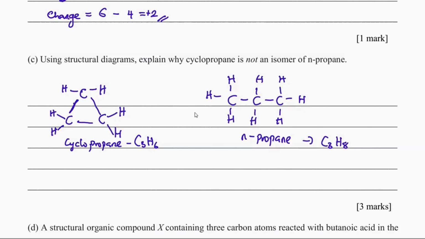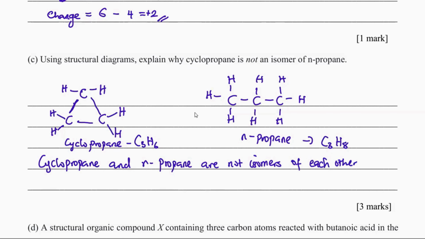So we can just write a note and say cyclopropane and N-propane are not isomers of each other because they have different molecular formulas.